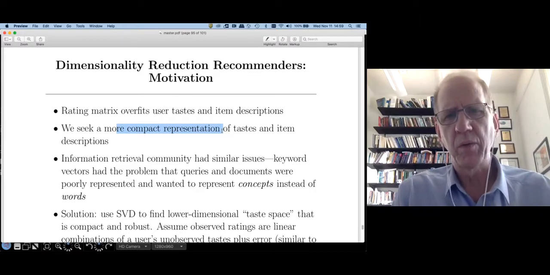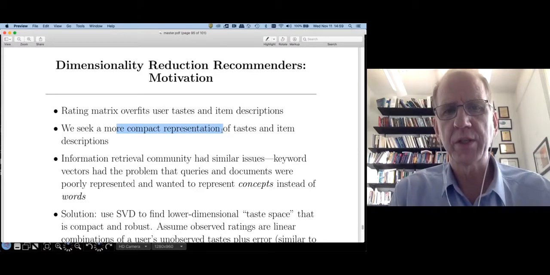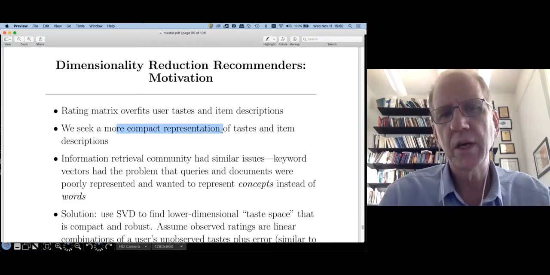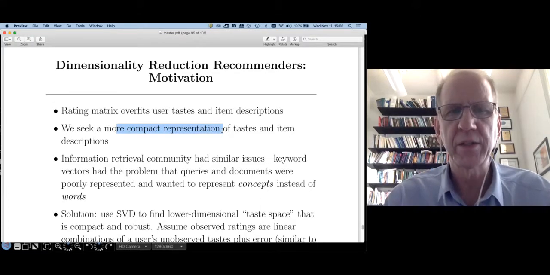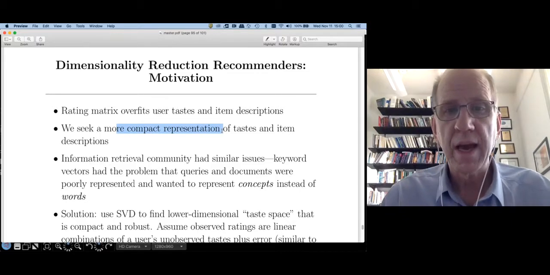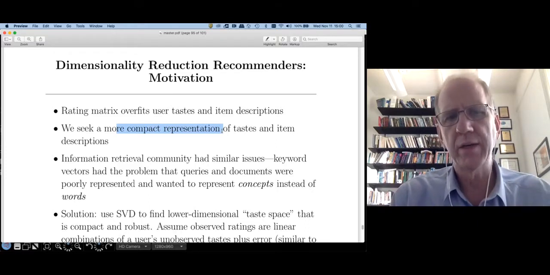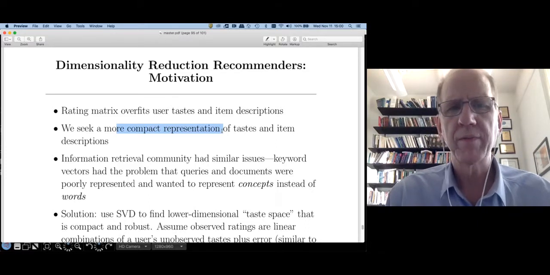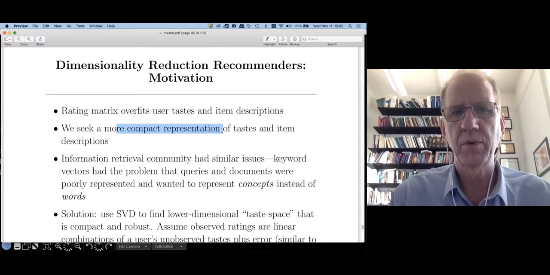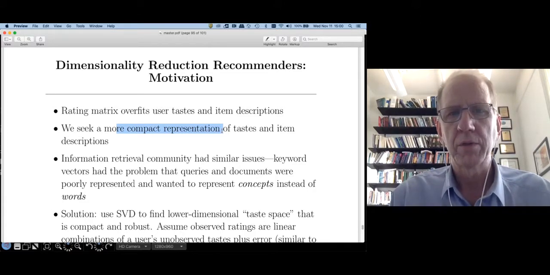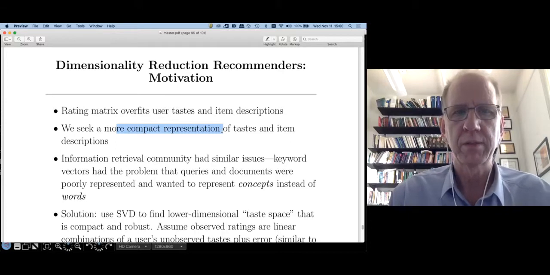Another way to think about what we're doing here is that it's very much like factor analysis. Factor analysis, remember, identifies these unmeasurable latent factors that explain the X's that we've observed. So this is like factor analysis, but we have a very sparse matrix, whereas the factor analysis that we studied earlier assumes a complete matrix.